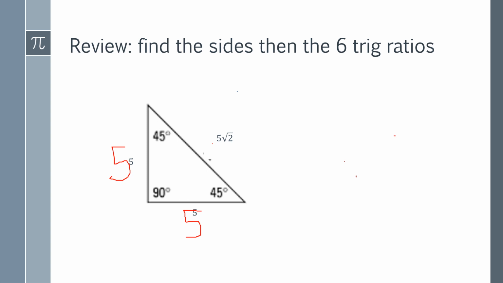So we had, if sine was square root 2 over 2, then cosecant, which is the inverse of sine, is square root 2.